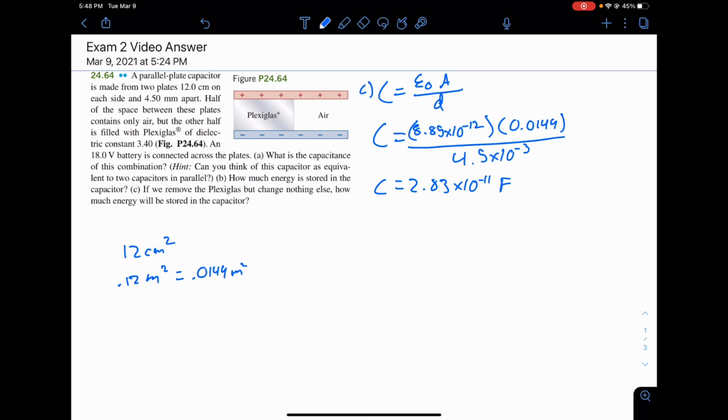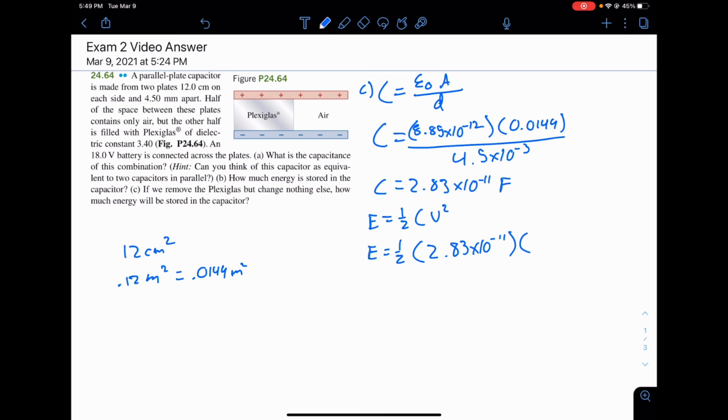So now we can just plug that into our energy equation again, which, just as a reminder, is 1/2 CV squared. So energy is equal to 1/2 times our capacitance, which we just said was 2.83 times 10 to the minus 11, times our voltage, which does not change.